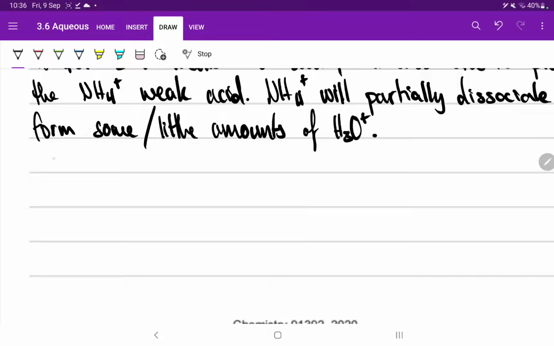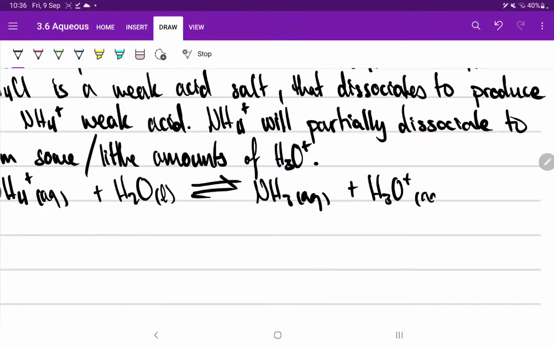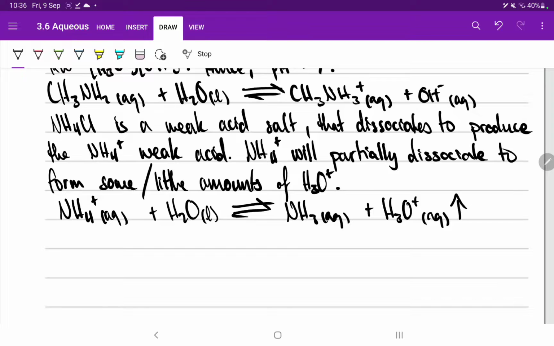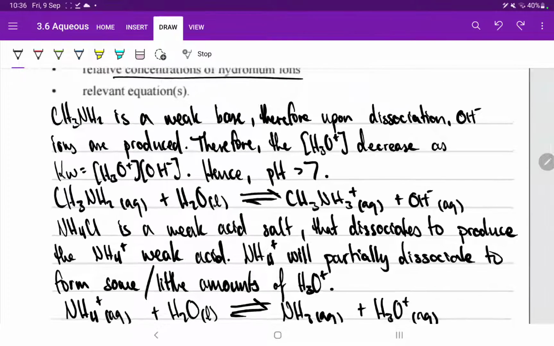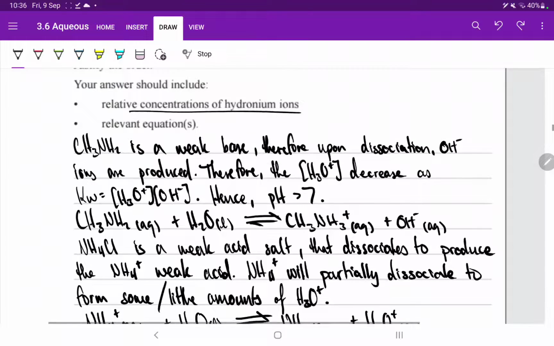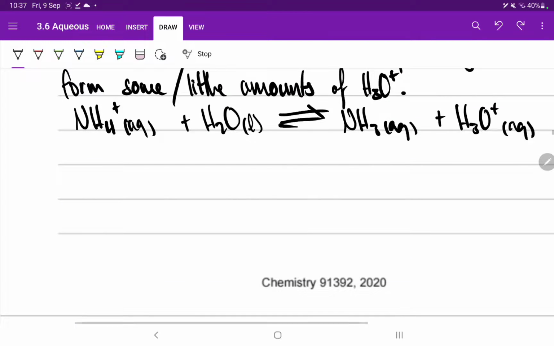And let's write an equation for that. So NH4 plus aqueous plus water in equilibrium with NH3 and hydronium ions, right? So because it's a weak acid, it only partially dissociates, so it increases the hydronium concentration, but just by a little bit. But it's still acidic compared to the basic methanamine.